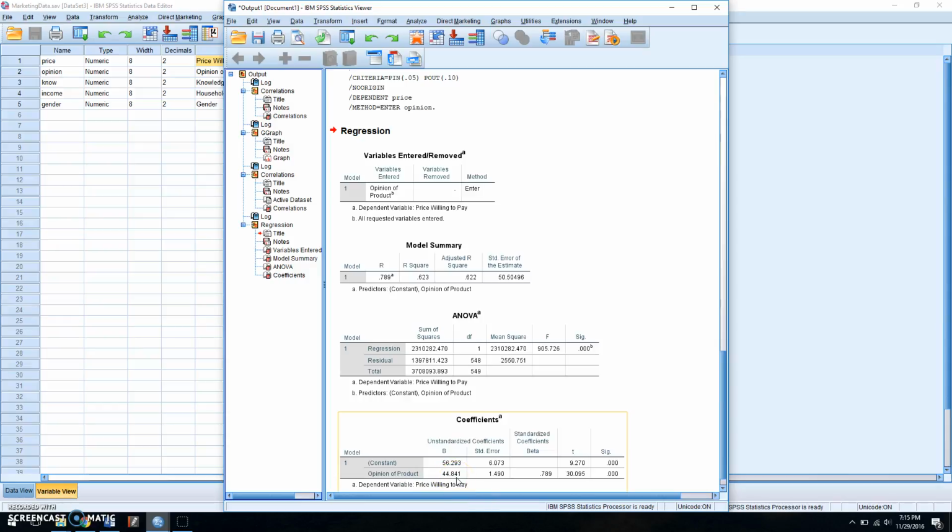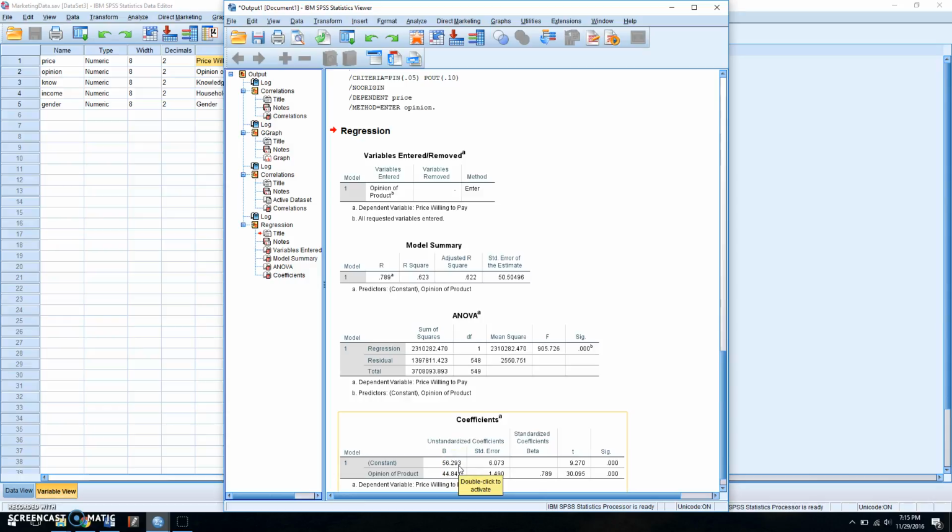These correspond to the A and the B in our regression equation. This first one, what SPSS is calling the constant, is our intercept. This means that when opinion is 0, theoretically, people are willing to pay $56.29. That's what the intercept means. So that's our starting point for the equation.